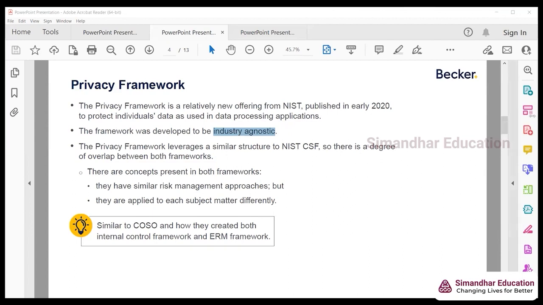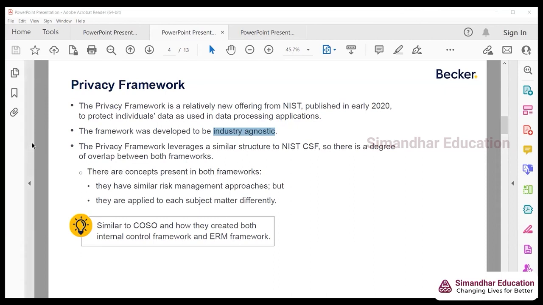Largely they are industry agnostic, because wherever there is a specific industry-related standard, they have a different standard. Like for agriculture, investment companies, or real estate companies, there may be different standards, but otherwise, largely they are industry agnostic.